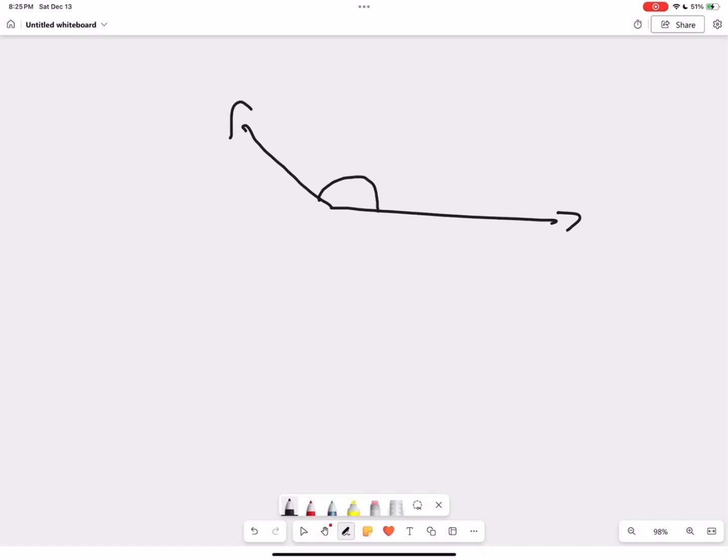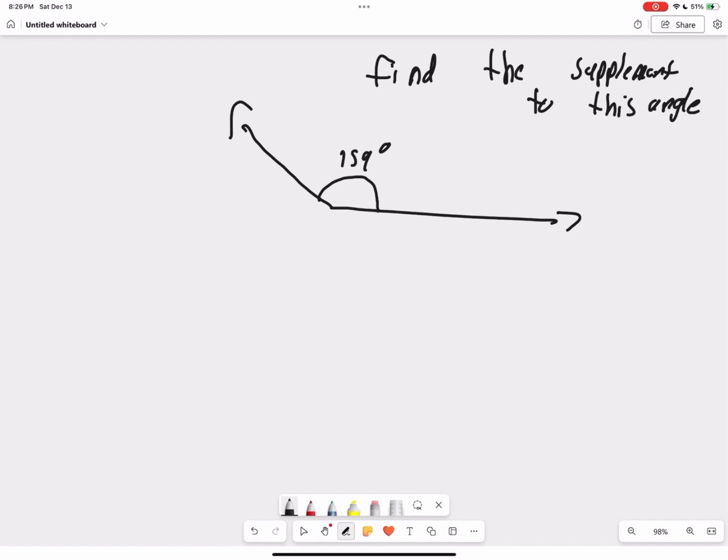Right here, this is 159 degrees. And this one says find the supplement to this angle. Okay. So first step, let's finish the rest of the circle.